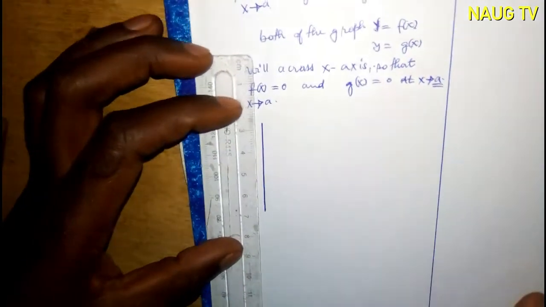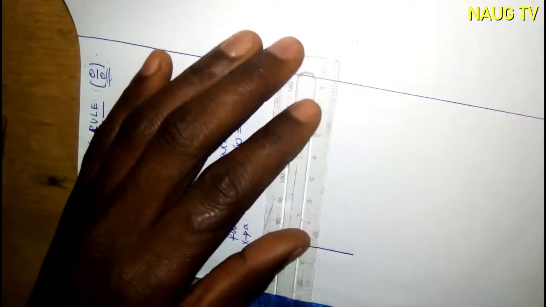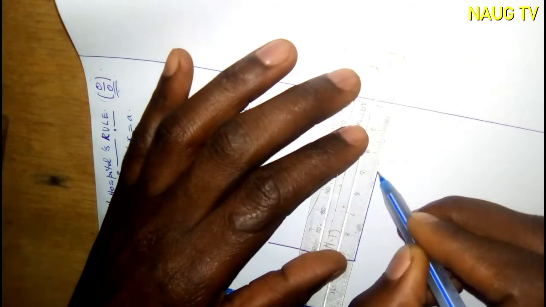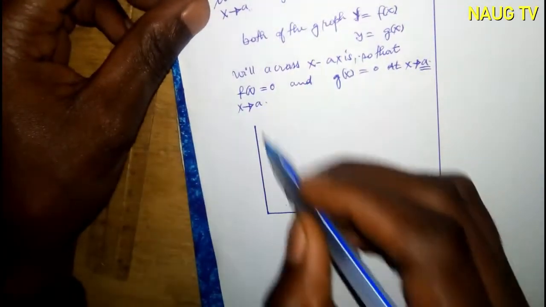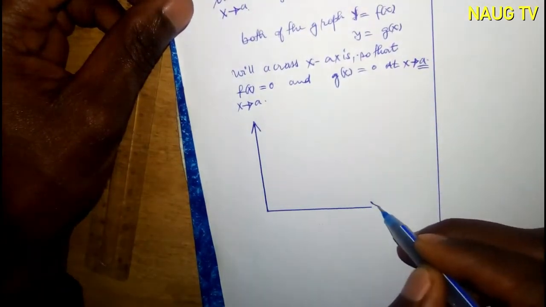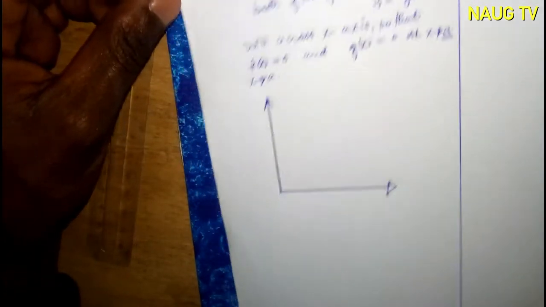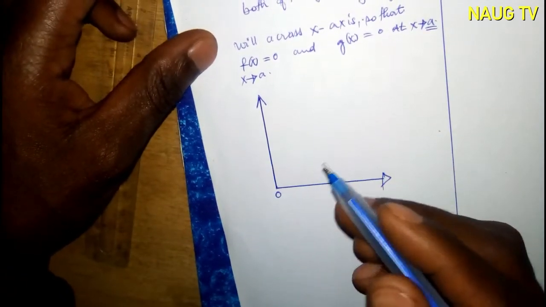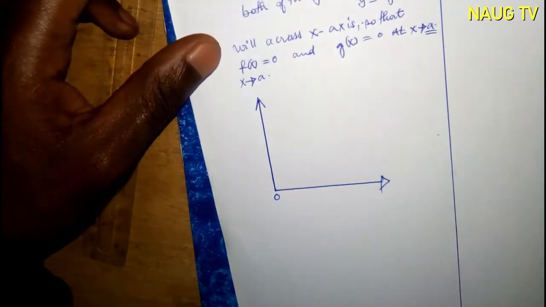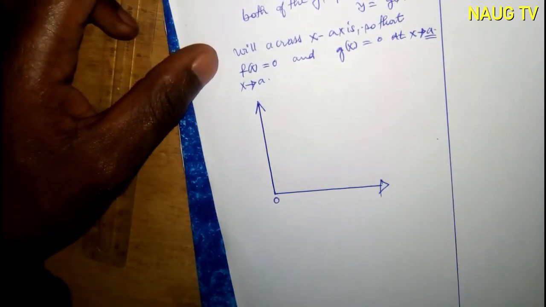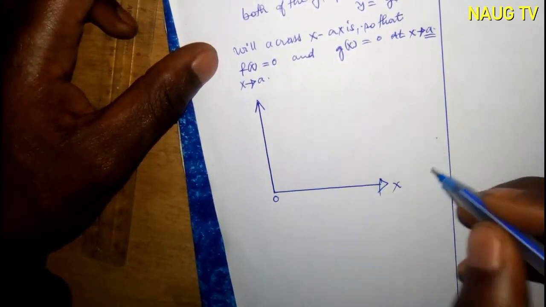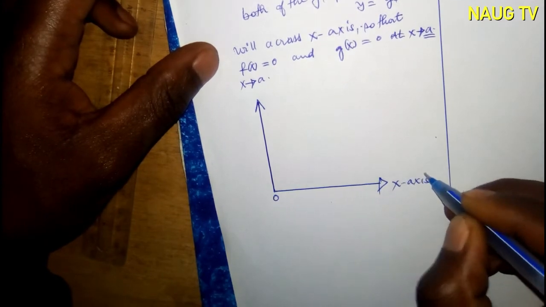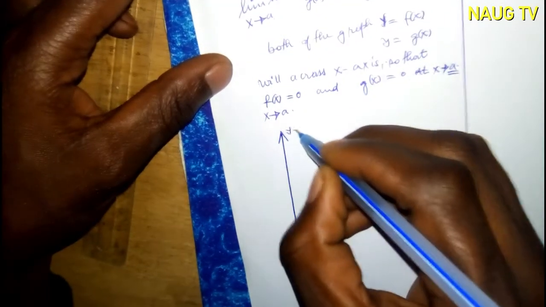I have the y-axis and also the x-axis, and here it is the origin. By using freehand drawing, here it is the x-axis, and here also it is the y-axis.